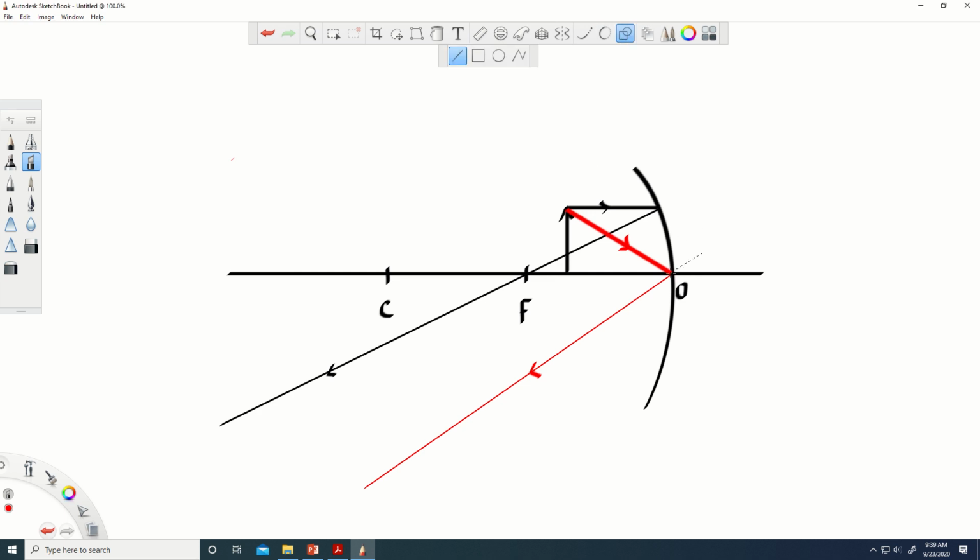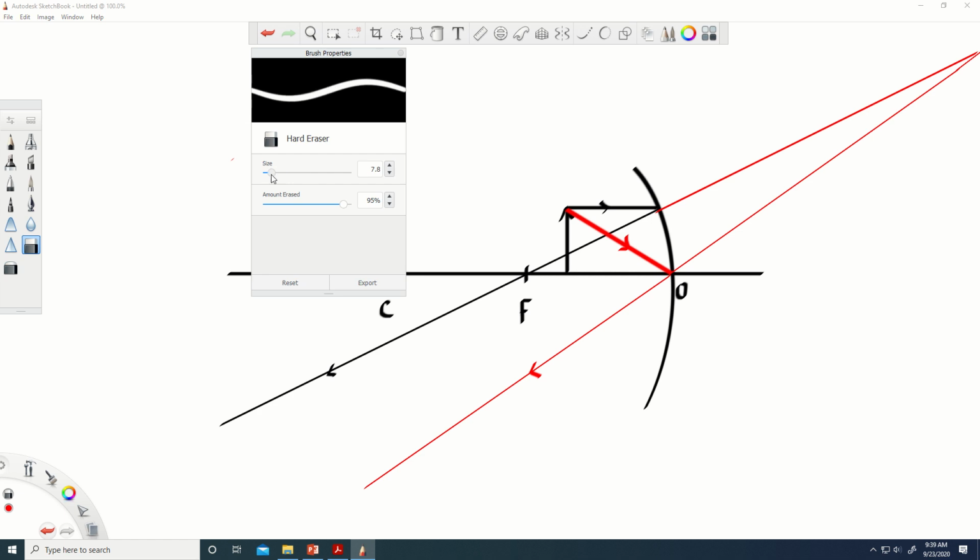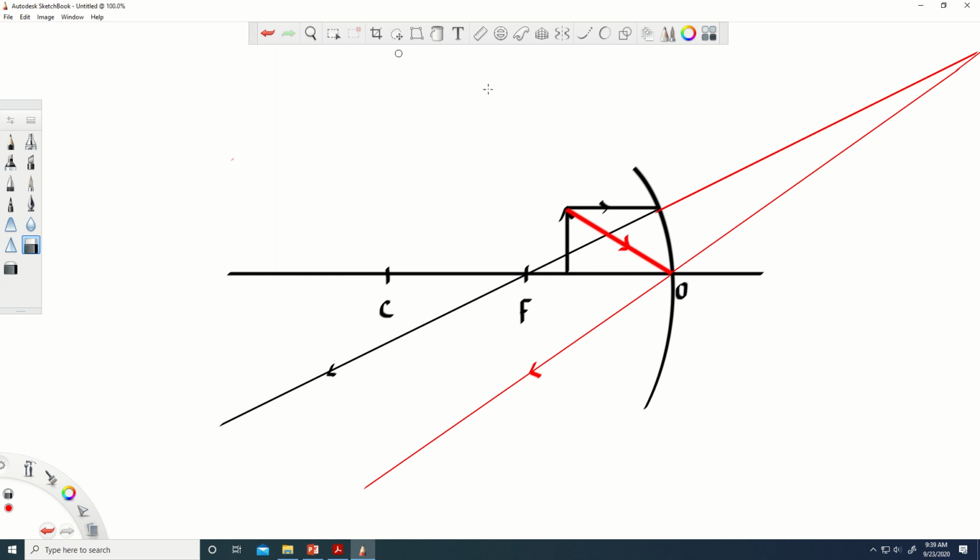So produce it backwards. And then this one also backwards. And this one a little bit more back. Okay, so I need to draw dashed lines for that.